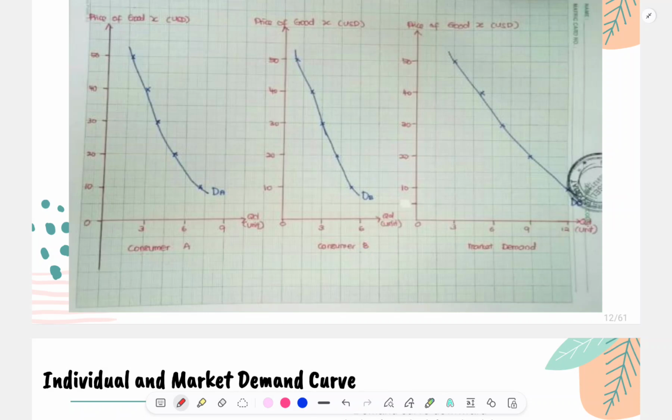Plot one by one, and once all the curves are plotted, label customer A's curve as DA, customer B's curve as DB, and the market demand curve as MD. And label the bottom of the graph with the name of the buyers. Make sure each curve is clearly labeled so it's easy to understand.